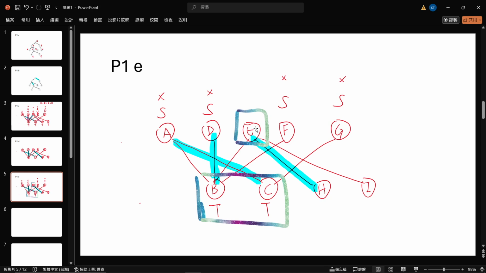But for these two edges, they can be covered by the vertex E. So yes, this is a vertex cover, and the size is 3, because there are 3 vertices in the set, and 3 is the size of the matching. So this shows that the matching we have is maximum.